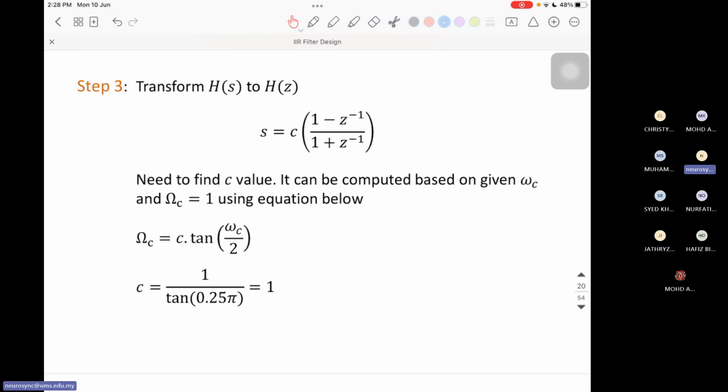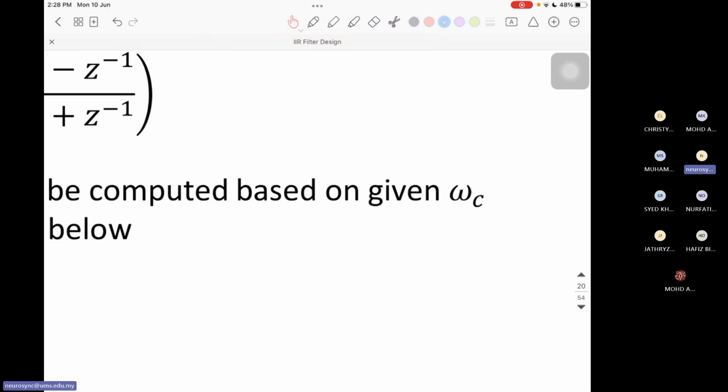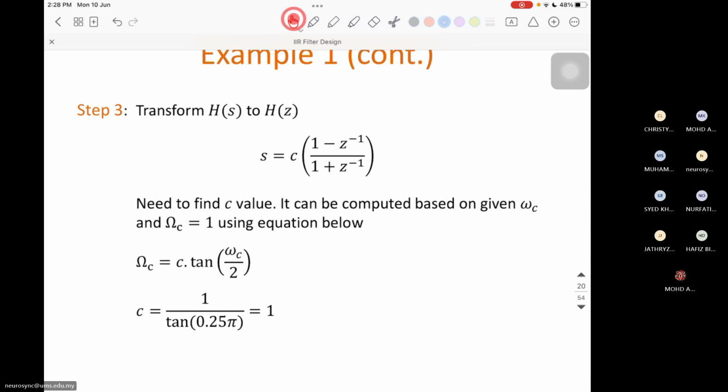Now we need to compute the c value, but Ts is not given here. So it can be computed based on the discrete omega c and the continuous omega c. The discrete omega c is given, that is 0.5 pi.